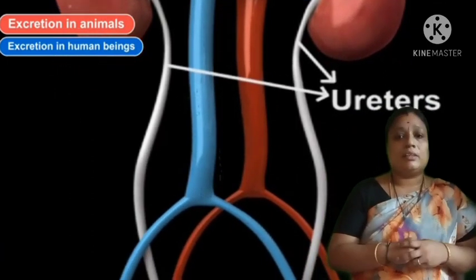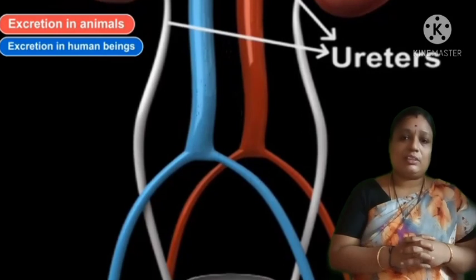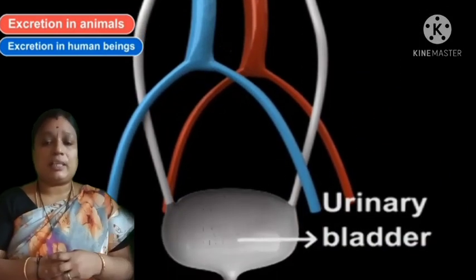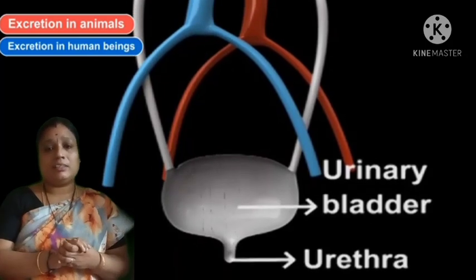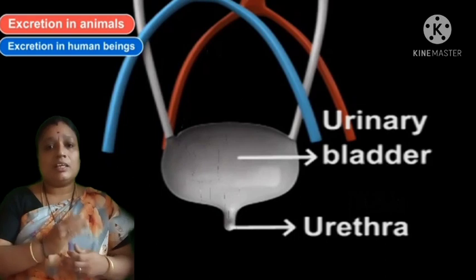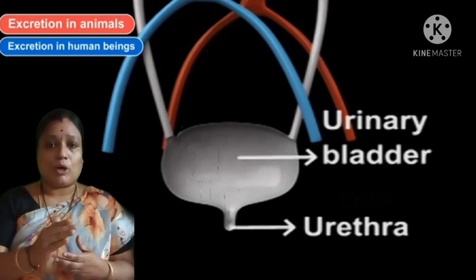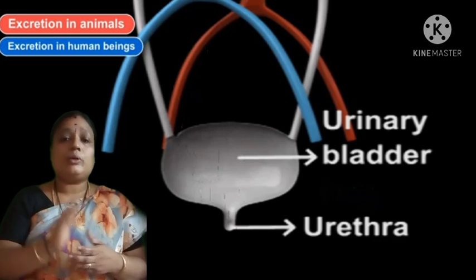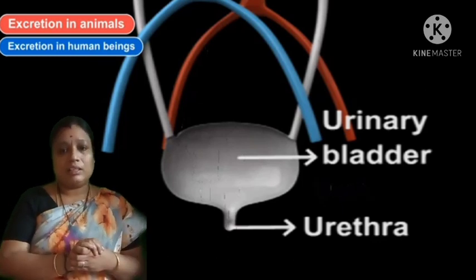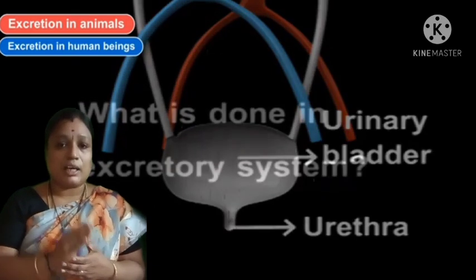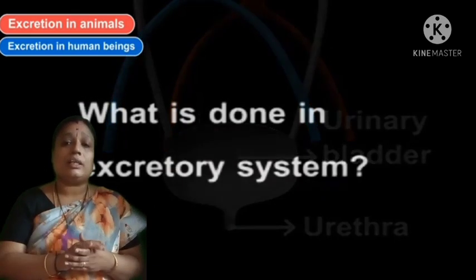The blood which passes into the kidney contains both useful and harmful substances. The useful products are absorbed back into the blood, and the waste products dissolved in water are removed in the form of urine. Now the urine is stored in the urinary bladder, and it is excreted out through the urethra, that is the urinary opening.